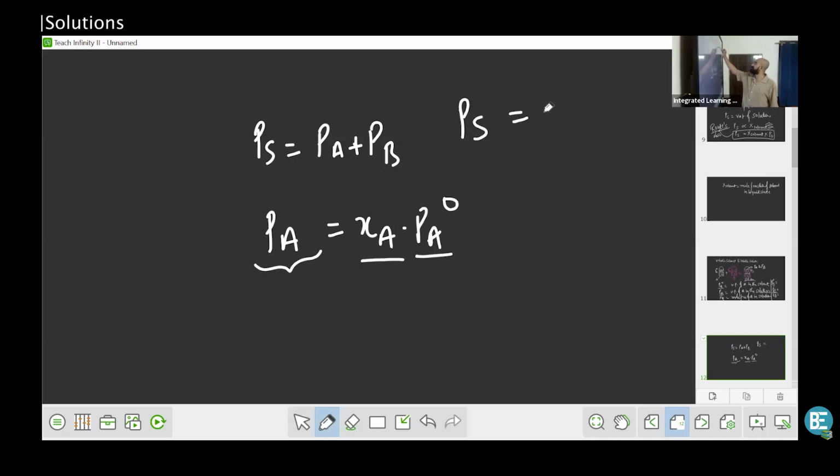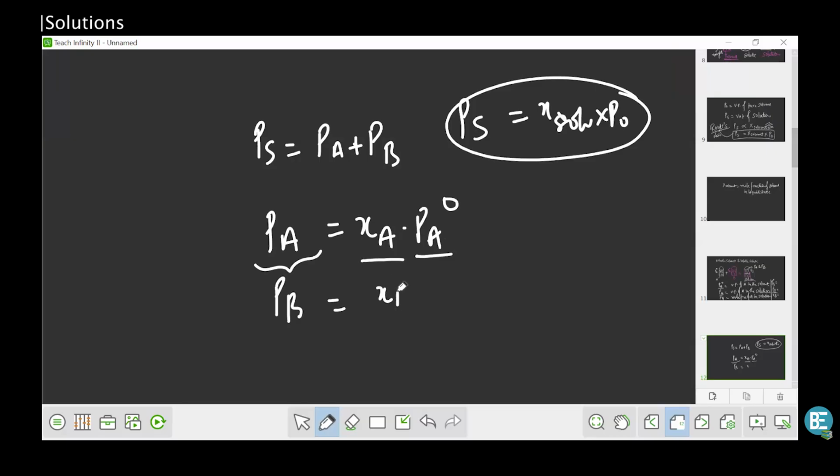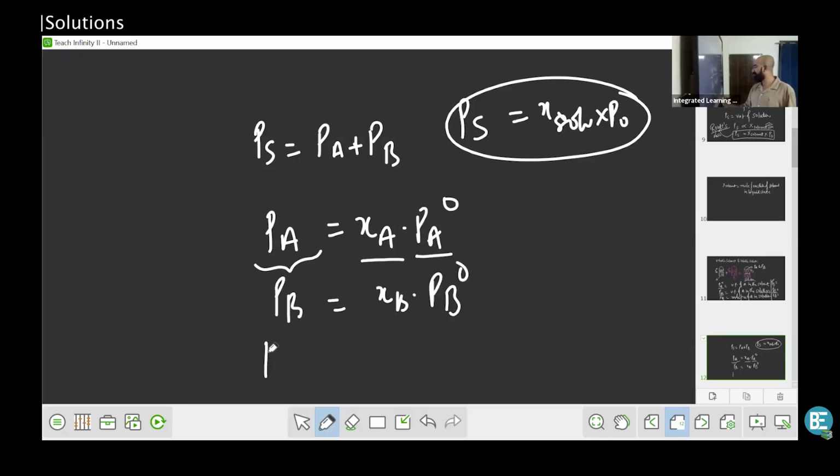P solution is equal to X solvent into P naught. Did we study this or not? Yes sir. So we are applying this here. For A, PA is equal to XA into PA naught. PB will be XB into PB naught. So write it down. PS is equal to XA PA naught plus XB PB naught.